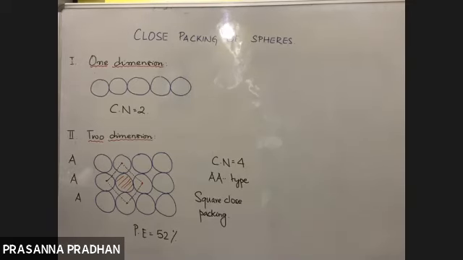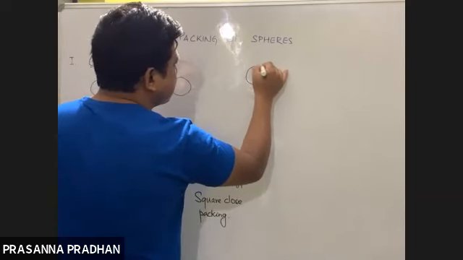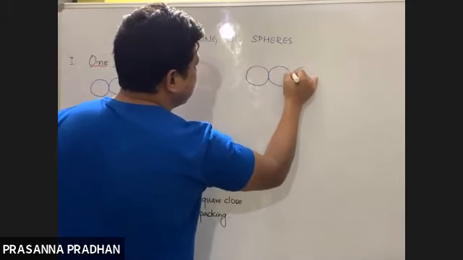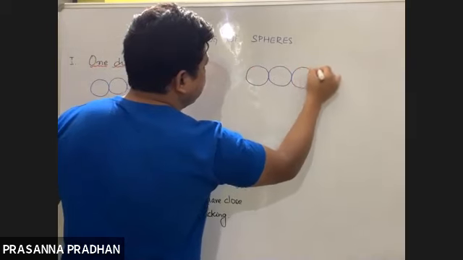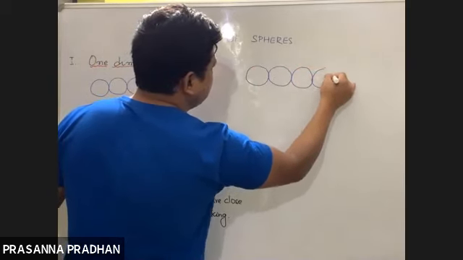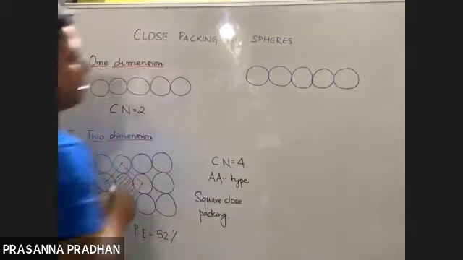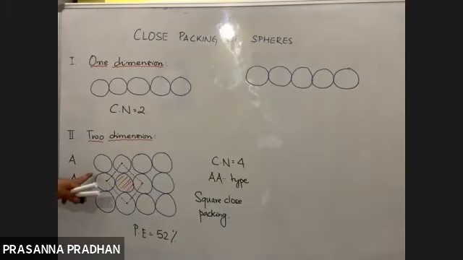Okay. Now can you suggest any other ways of placing the second layer of spheres? So I'm just going to draw the first layer of spheres out here. Here I had placed it on top of this.